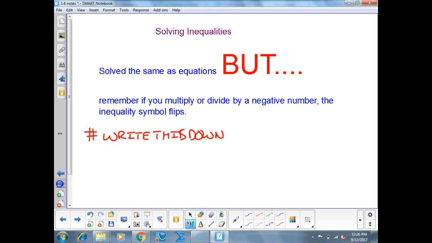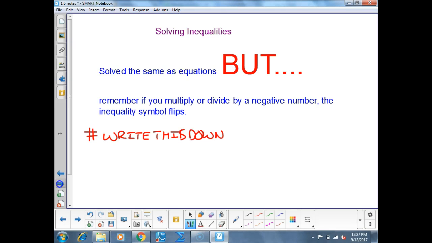Okay, write this down. If you multiply or divide by a negative number, okay, only a negative number. It's not if you multiply, it's not if you divide. It's only if you multiply or divide by a negative number that inequality needs to flip around.